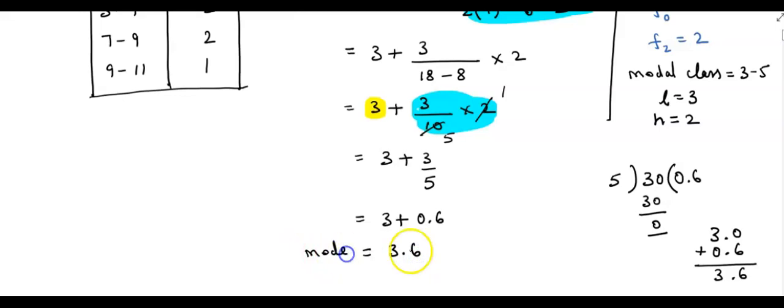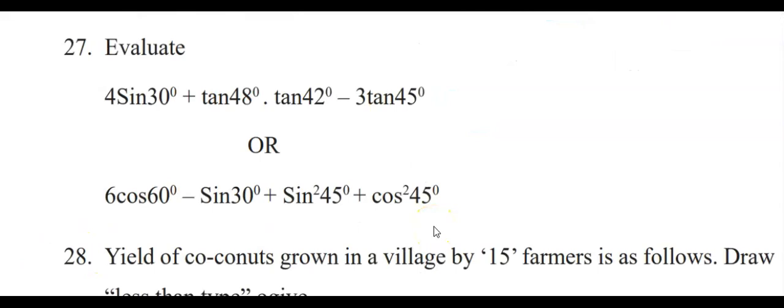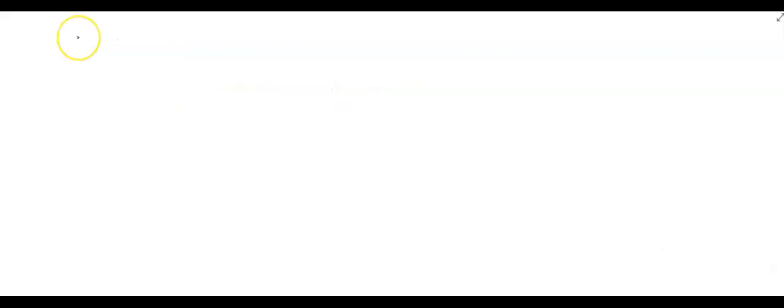So what is the value of mode? Mode is 3.6. I hope the concept is clear for you all. Now let me solve the next problem. Next question, number 27. Evaluate 4 sin 30 degree plus tan 48 degree into tan 42 degree minus 3 tan 45 degree. Come, let me solve this problem.